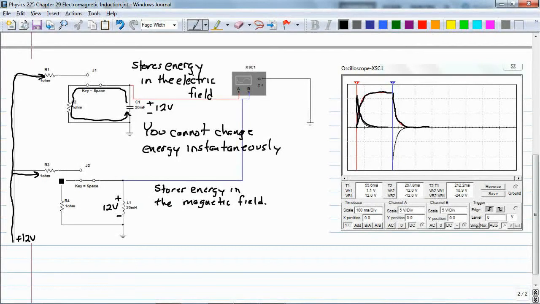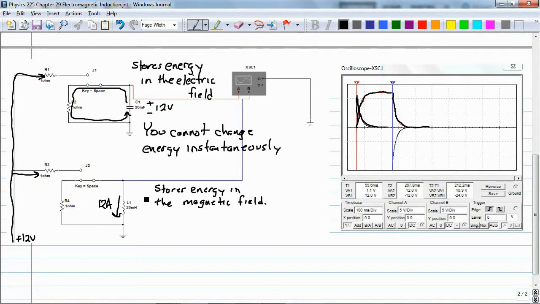So when there's a current flowing through, in this case, there was a current flowing through, and we know that current would be, if at the end this looks just like a short, then I know that my current is going to be 12 volts divided by 1 ohm. That's going to be 12 amps of current. And so now, once I flip this switch, this inductor is going to want to maintain that current.